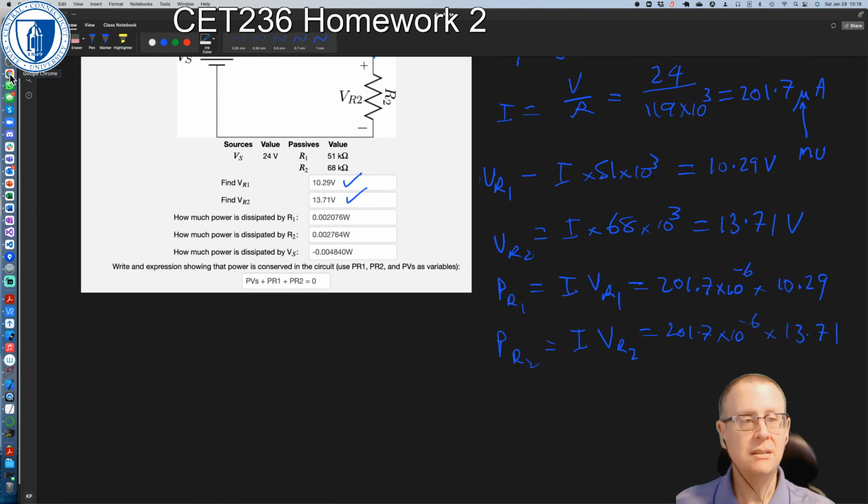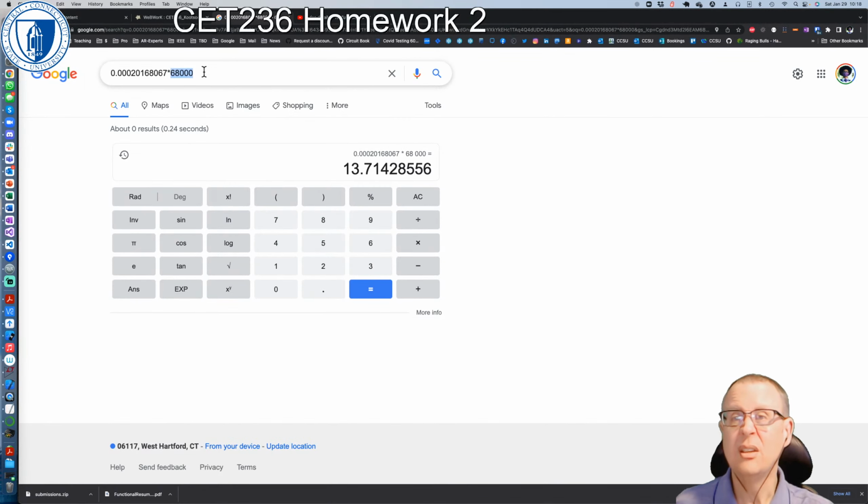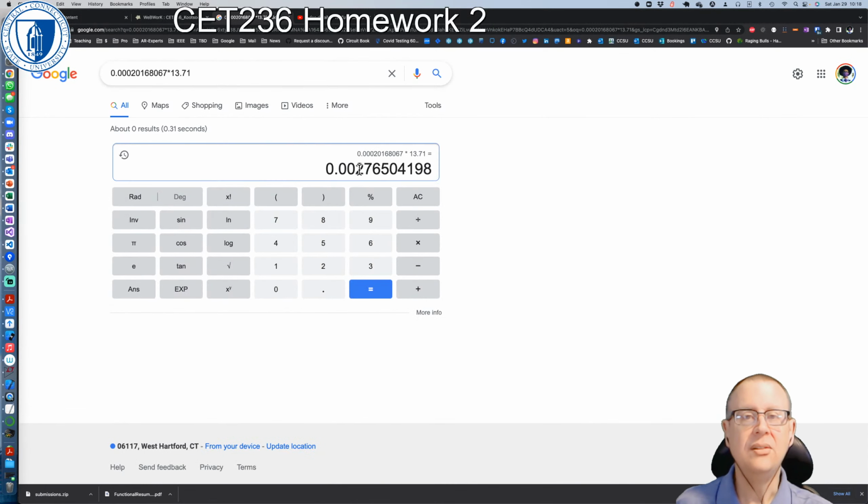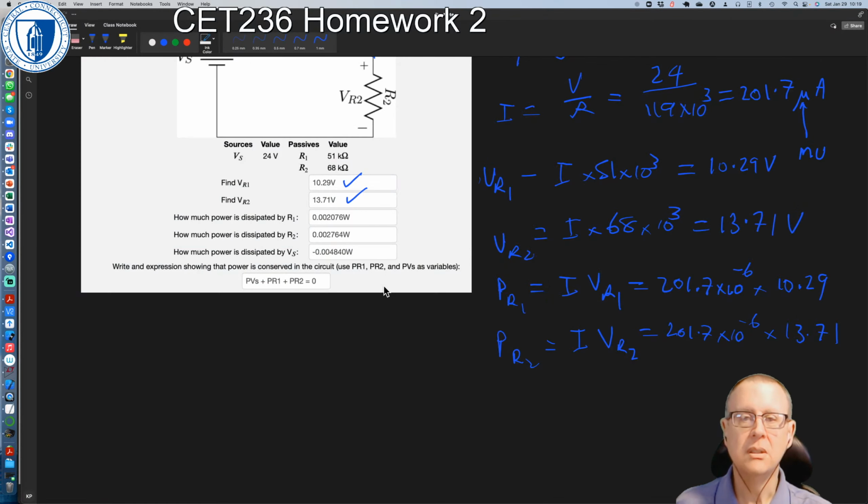Let's see what they are. So our current times 13.71 is 2.765 milliwatts. Or I suppose this just asks for watts. So 2.764.